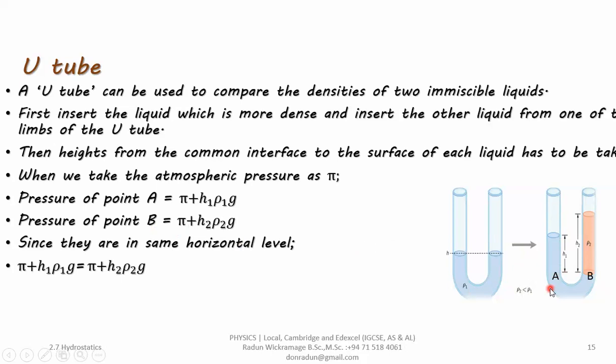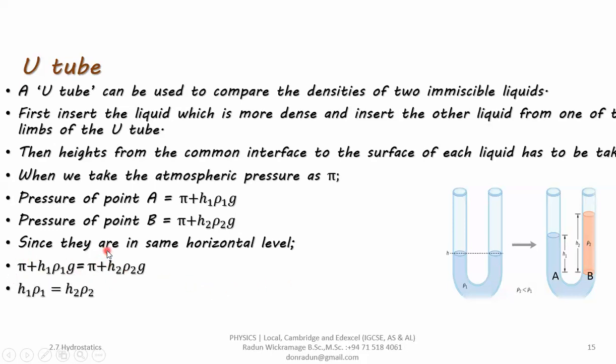Pressure at point A equals pressure at point B. But you might argue that point B is on the interface, so how can we take it as in the same liquid? Up until the interface, the liquid is there. So we are taking point B not on the interface, just below the interface. Below means it is inside this liquid, not in the second liquid. It is blue liquid. So A and B are at the same horizontal level, and we can take the two pressures as equal.